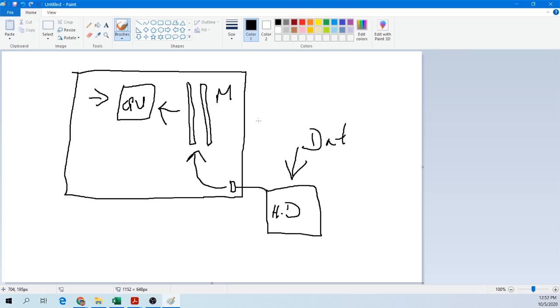That way the memory can pull the necessary data from the hard drive, the flash drive, any storage device, and keep it inside memory, so that whenever the CPU wants to process that data, those instructions, it gets it quickly, because the CPU can process more information than it can receive. It processes faster than it can receive the data.